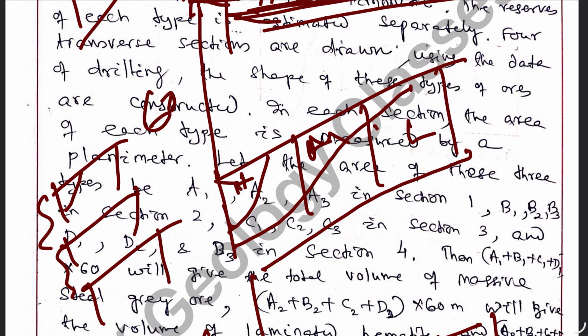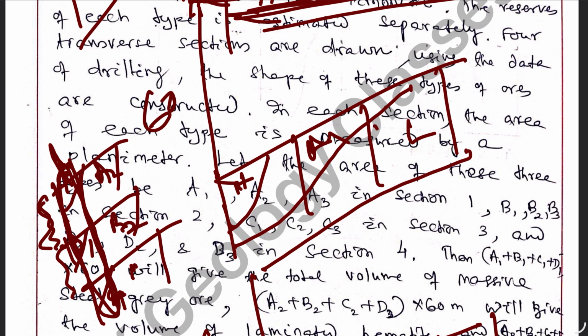Here the area of A1 for high grade, here it is B1 for high grade, here it is C1 for high grade. So A1 plus B1 plus C1 into 60 meter, that gives the high grade variety in this zone. This is the area of medium grade A2, B2, C2.